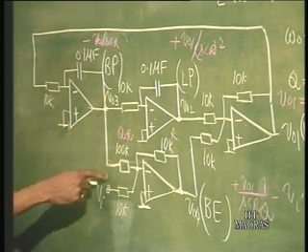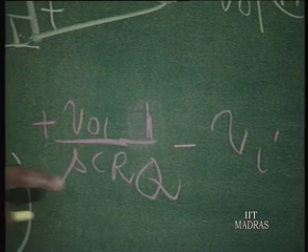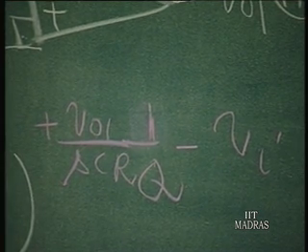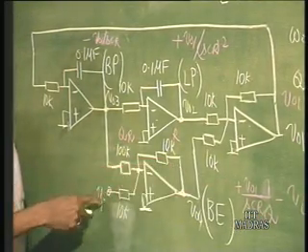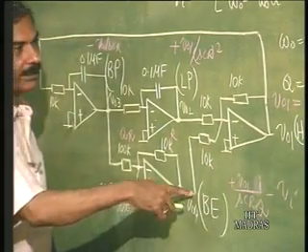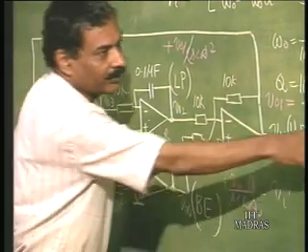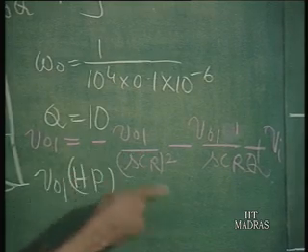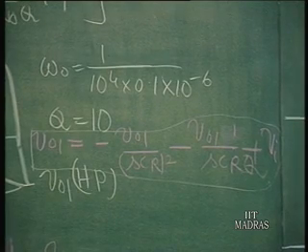This V01 is going to be amplified by 1 over Q, it is attenuated really, into SCR with a minus sign, and therefore this becomes plus V01 by SCRQ, and then this Vi is coming as minus Vi, 10K, 10K, and therefore minus Vi. So this is again inverted and is going to appear here as minus V01 by SCRQ plus Vi, and from here we have V01 by SCR squared. So this is what is going to be the equation for deriving the transfer function.